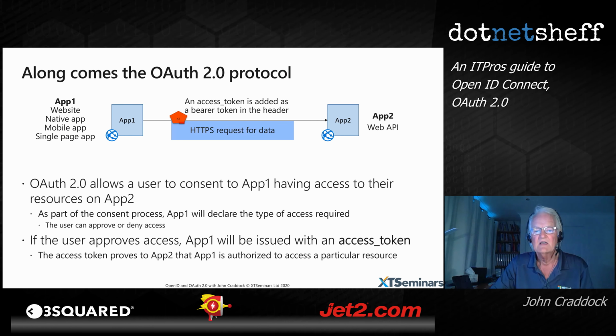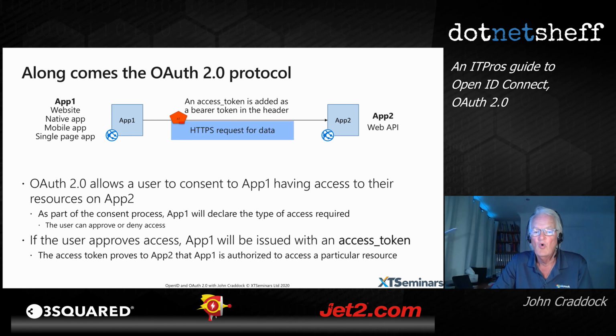The access token simply goes in the authentication header, and it says that app 1 can have a particular set of permissions on app 2 using the identity of the user. Right? And that's what it is.